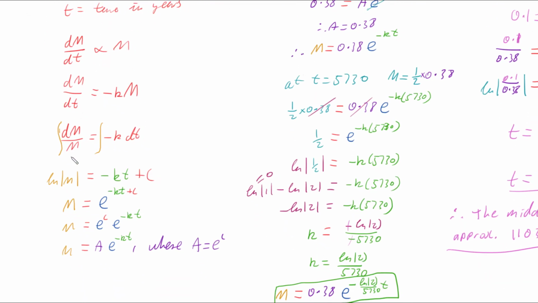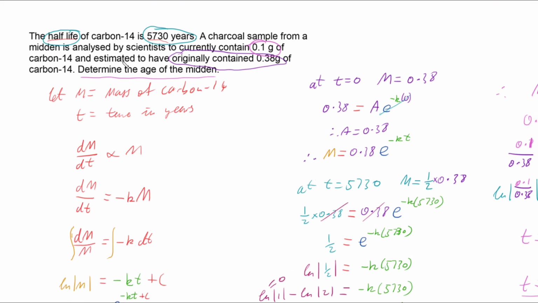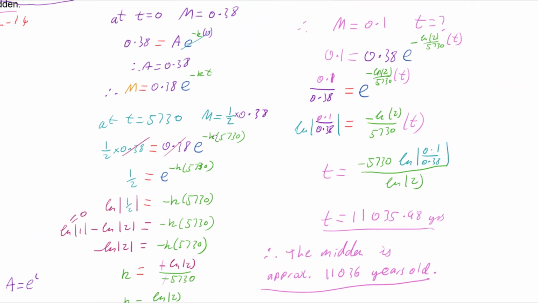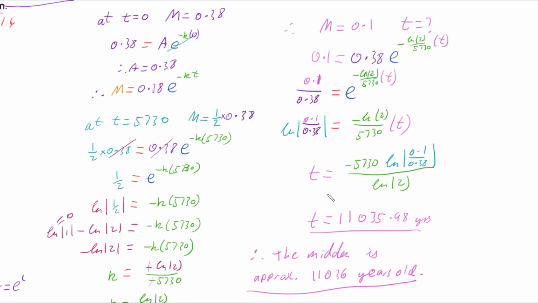We can rearrange to isolate our variables, integrate both sides, and get a formula, and we can use different information given, whether it's initial conditions or information later, to find an overall equation. And then we can use that equation to find other pieces of information about our scenario.